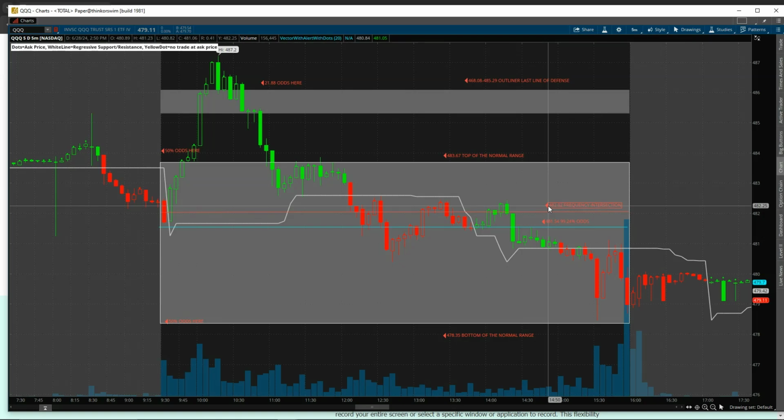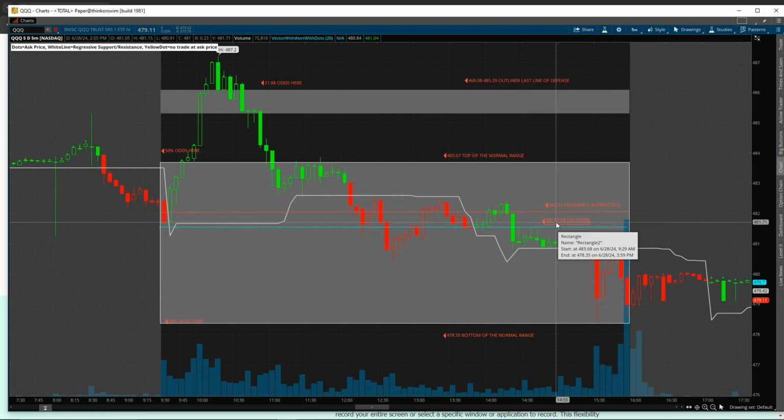Price gets attracted to it. If you just track the QQQ live, you see price at the frequency intersection 482.02 two to three times daily. Why? Because price wants to stay near the intersection. It acts as a magnet, as simple as that. So it's very important.